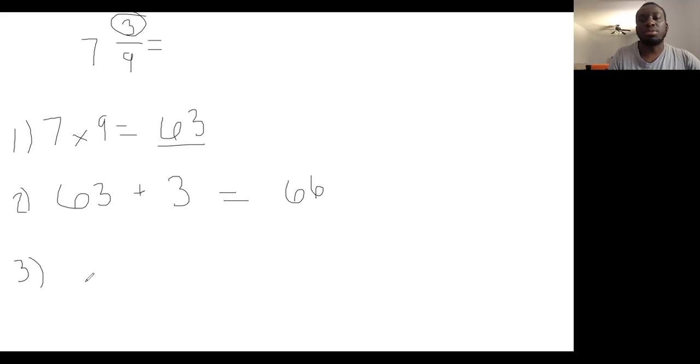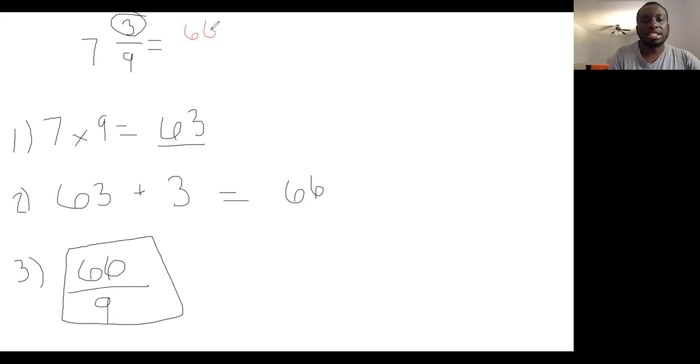Step 3 is I'm going to make a new fraction using the answer from step 2 and keep my denominator the same. I'm going to keep my 66 as my new numerator. I'm going to keep my denominator the same. My answer is 66/9. And there you go.